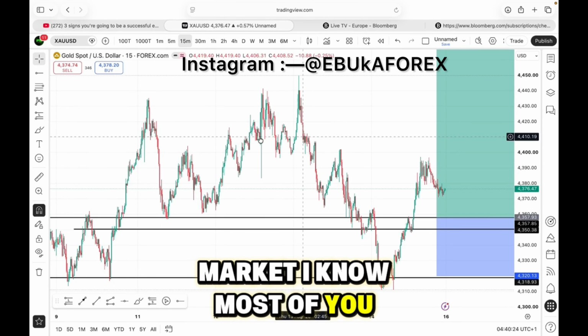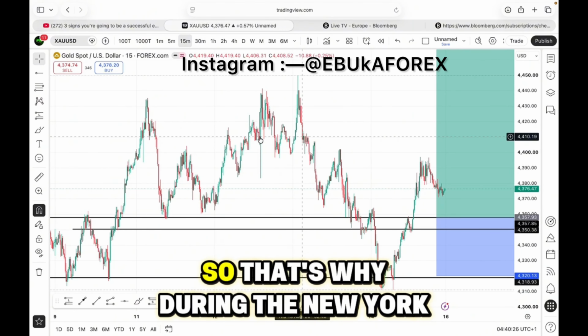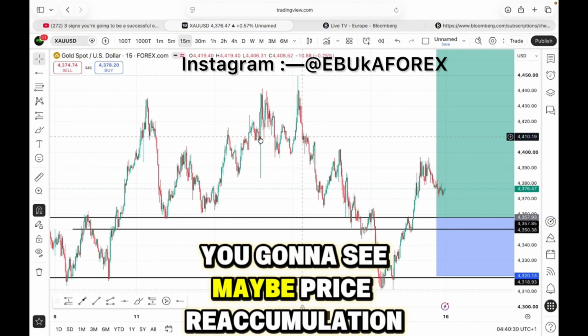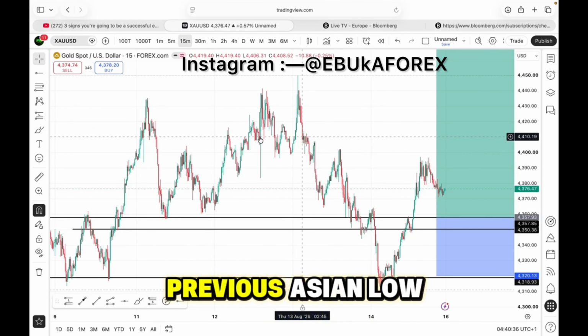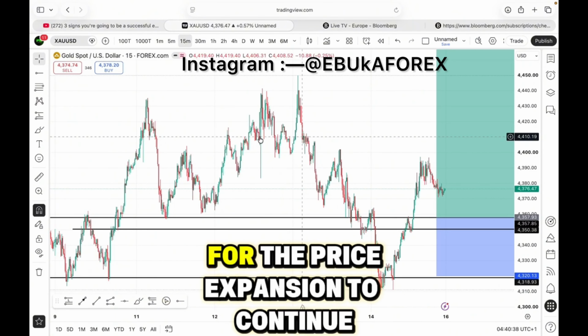I know most of you understand that. So that's why during the New York session, you're gonna see maybe price reaccumulation or 60% liquidity grab to that previous Asian low for the price expansion to continue.